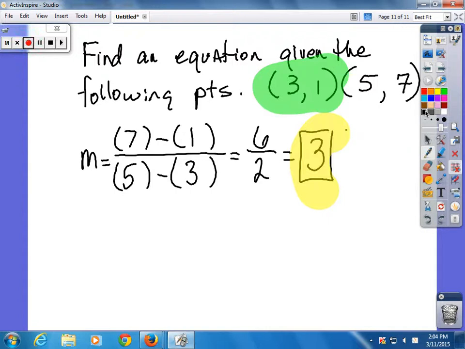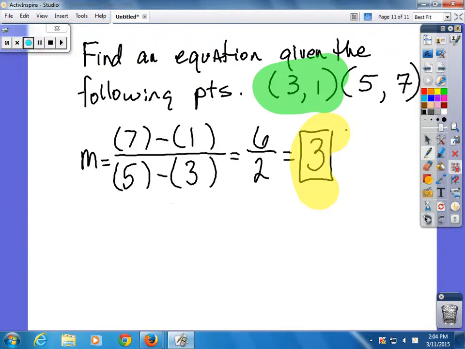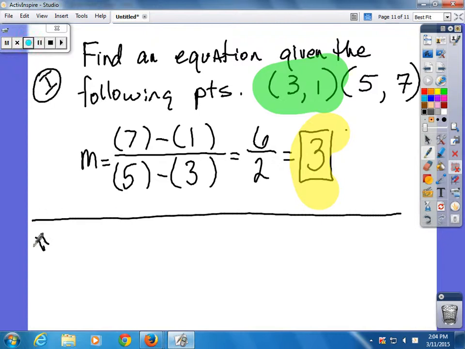Okay, we've got a point, which is 3 and 1. So this is part 2 of the problem. This is part 1. This is part 2.